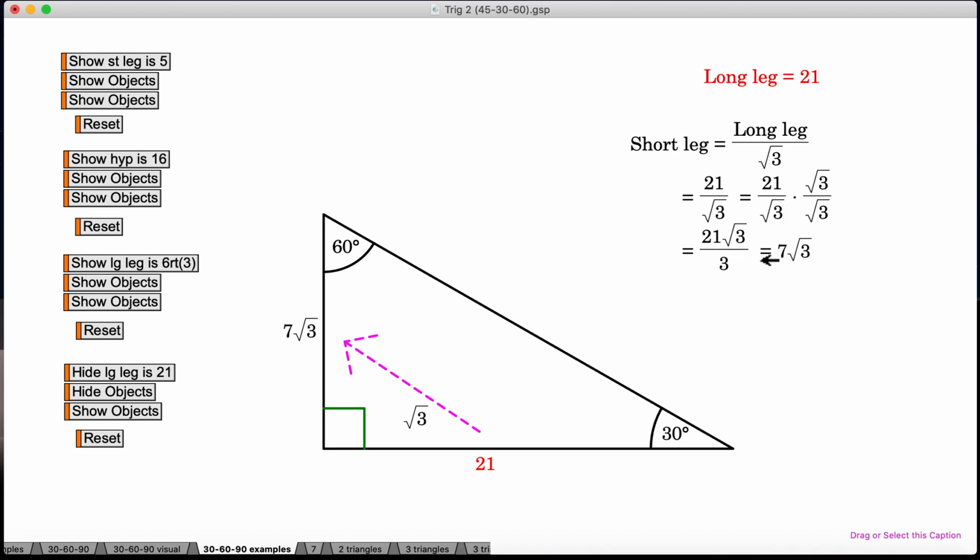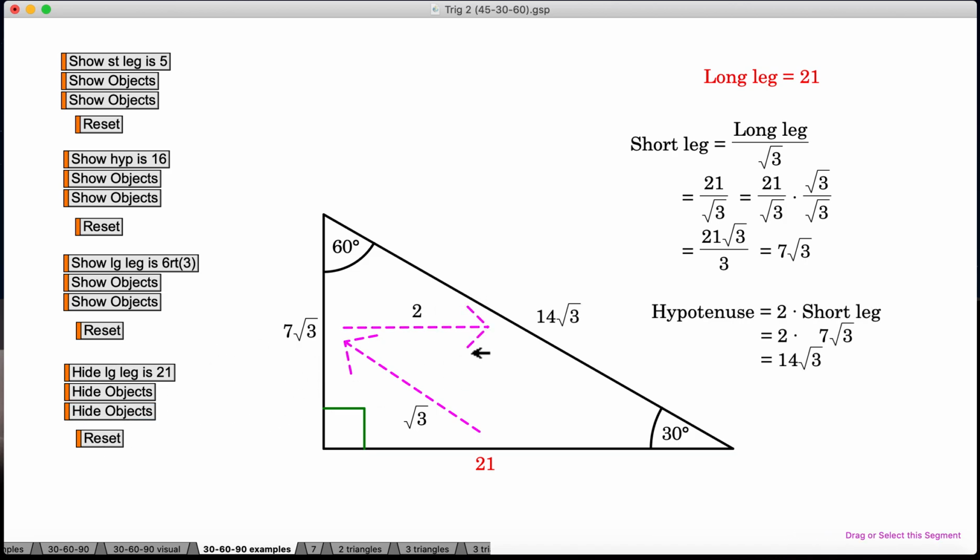Now the radical's in the numerator, and then the 3 goes into 21 7 times. So you get 7 root 3, and then going to the hypotenuse, you simply double that, which is 14 root 3. So those are the numbers you need to know for 45, 45, 90. It is 1, 1, root 2. For 30, 60, 90, it is 1, root 3, 2. Okay? That's what you've got to remember.